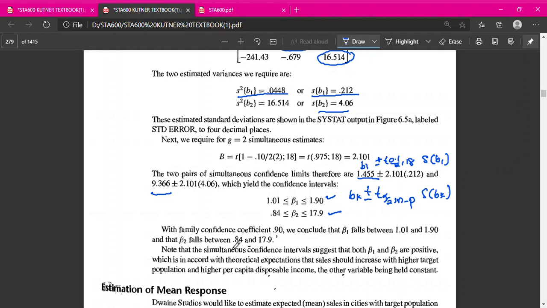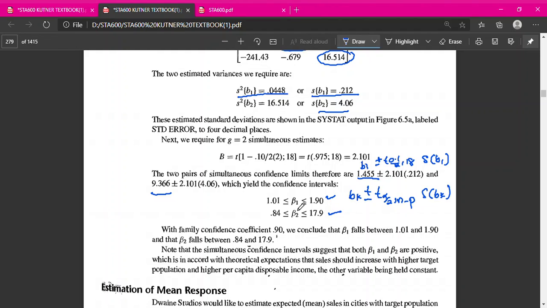Kenapa saya sebut increase? Sebab positif, dua-dua positif, will increase between the value of 1.01 and 1.90. Saya sebut dia punya unit sama ada dollar ke, saya sebut. Okay, sama jugalah dengan beta 2.